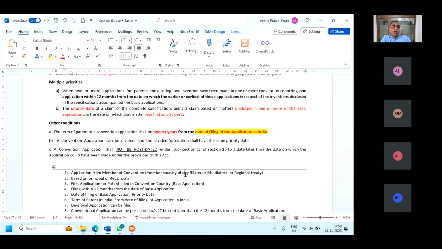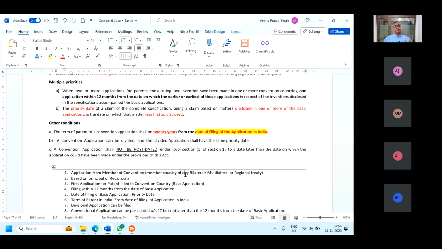So this is a risk I am taking when I am post-dating it. So they are saying a convention application shall not be post-dated. That means, suppose there is a 12-month window from the earlier month, if post-dating crosses this 12-month window, then it will not be applicable to you. We will not let you post-date beyond 12 months.